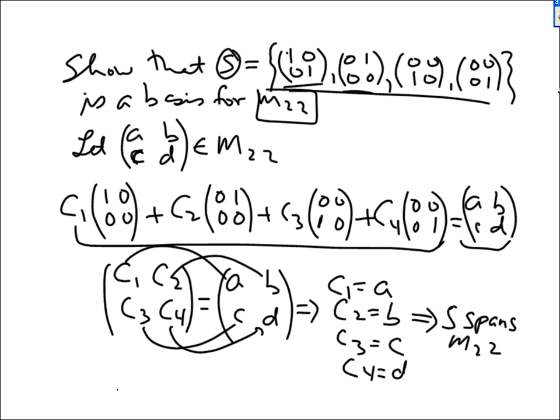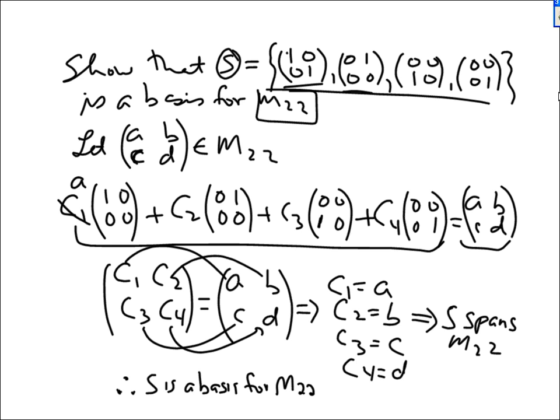The next and last line, combining what we've discovered. We discovered that S is linearly independent and S spans M22. Therefore, S is a basis for M22. In fact, it's the natural basis.